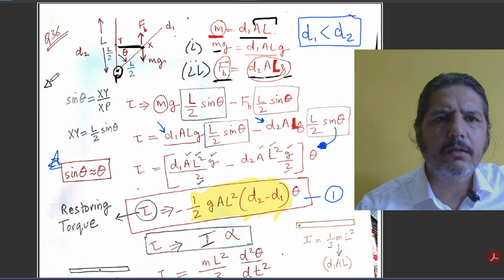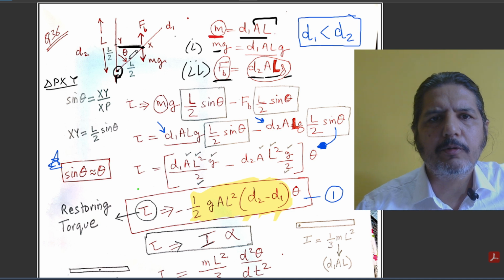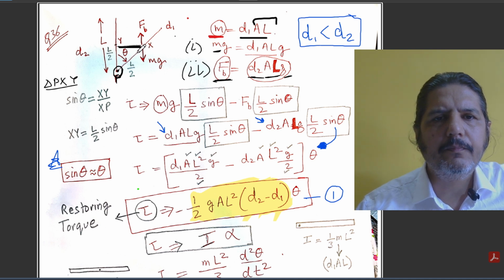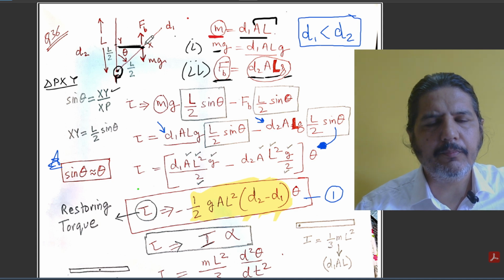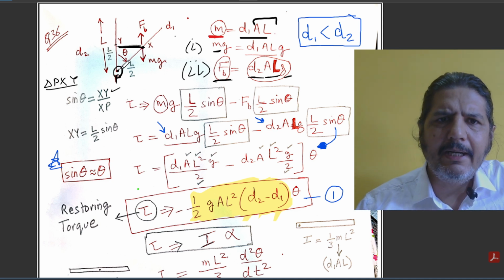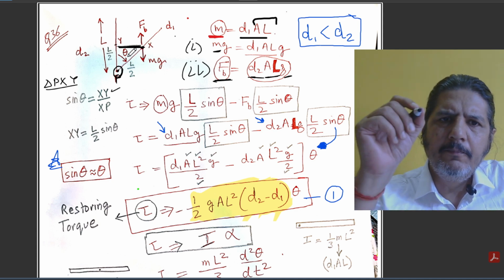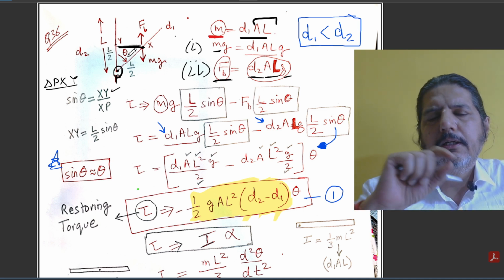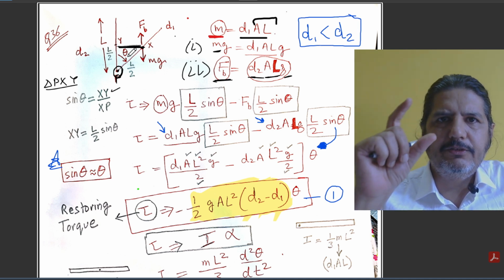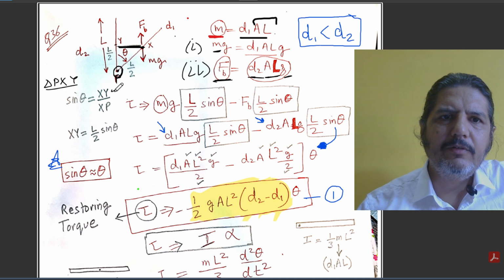I take triangle PXY. In triangle PXY, sine theta is equal to the perpendicular XY upon the hypotenuse. The hypotenuse is L by 2. Why L by 2? Because it is the distance of the pivot from the center of mass, which is half the length. So XY would be L by 2 sine theta.